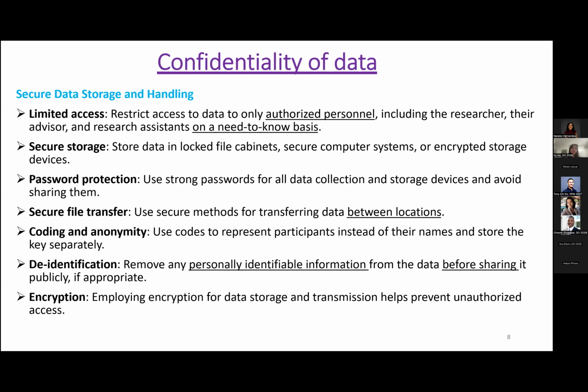Then coding and anonymity. If you are collecting data from a patient population, this applies to clinical research. So you should have a coding, like patient number 1, 2, 3, 4, 5, 6.